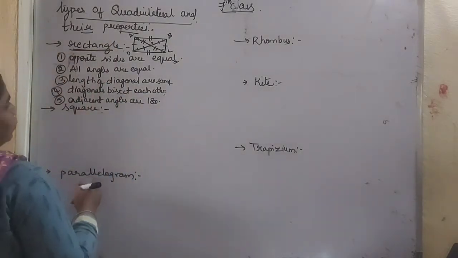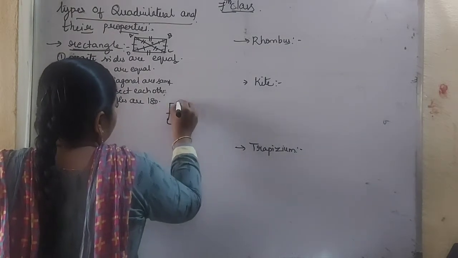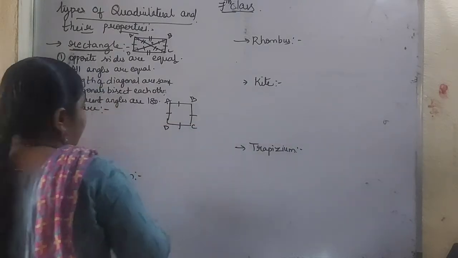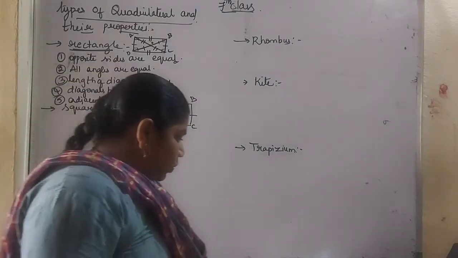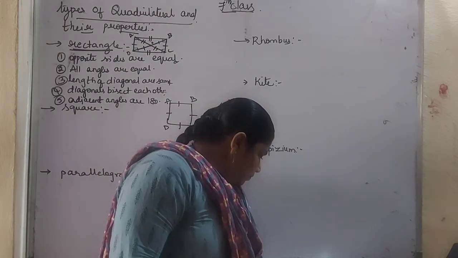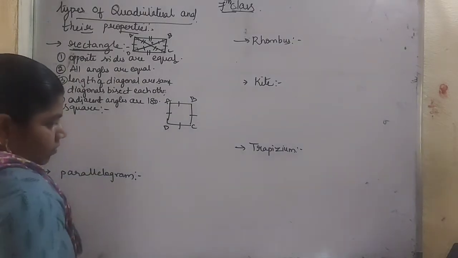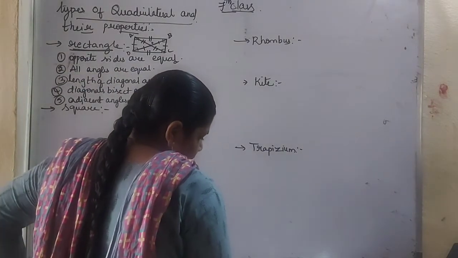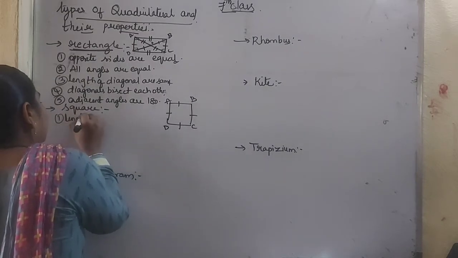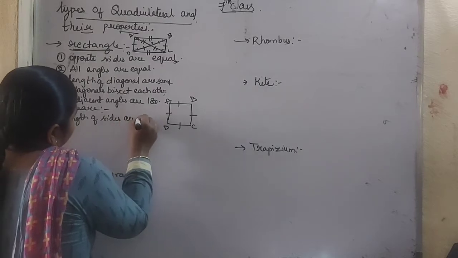Now if you go to square, we know that square means all sides will be equal. The length of all sides will be equal, then only we will call it a square. So the first property is length of all sides are equal.